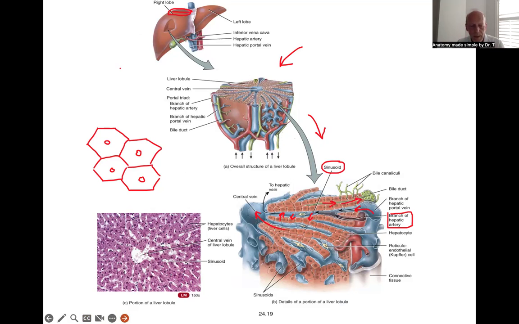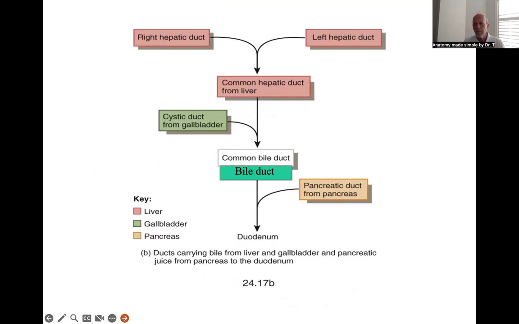So liver, as it makes bile, basically makes it pretty much 24/7. And as the end result of this accumulation of bile from right and left lobes of the liver, including quadrate and caudate lobe, basically the bile finally becomes collected into either right or left hepatic duct.